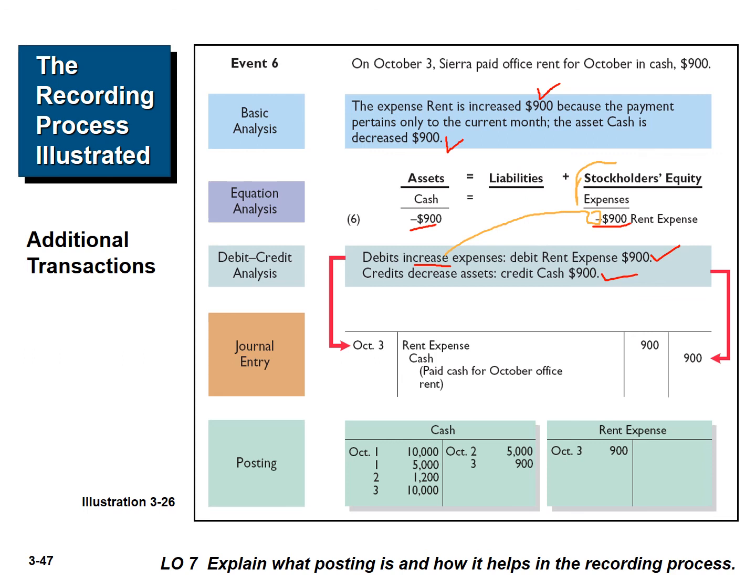It looks like you're contradicting, but you're not. So you increase expense with a debit, decrease assets with a credit. Now I'm going to post those. I'm going to take the $900 rent expense as a debit, and cash a credit of $900.